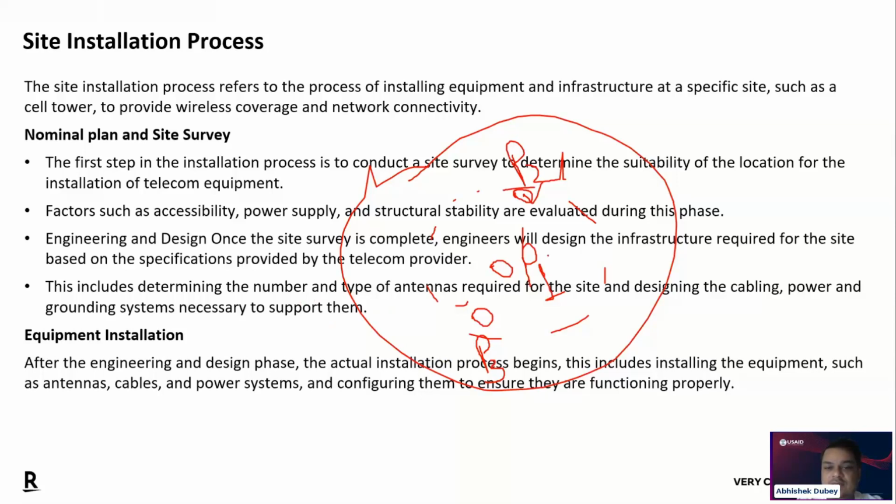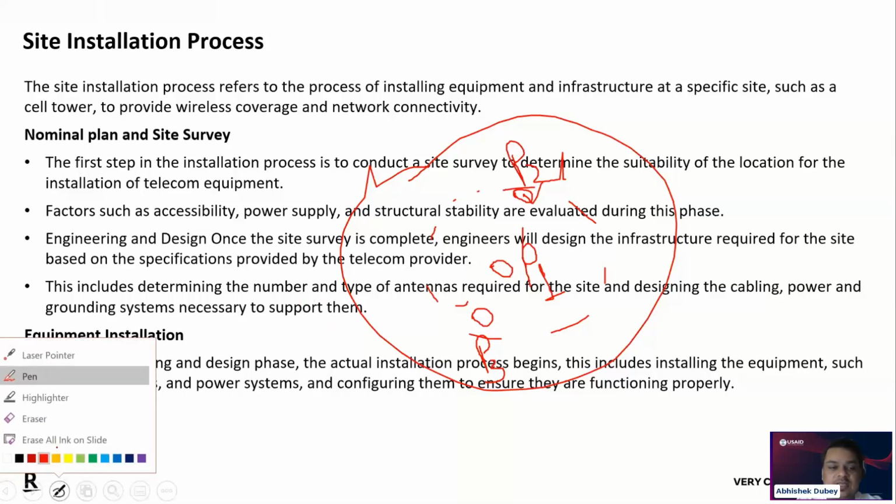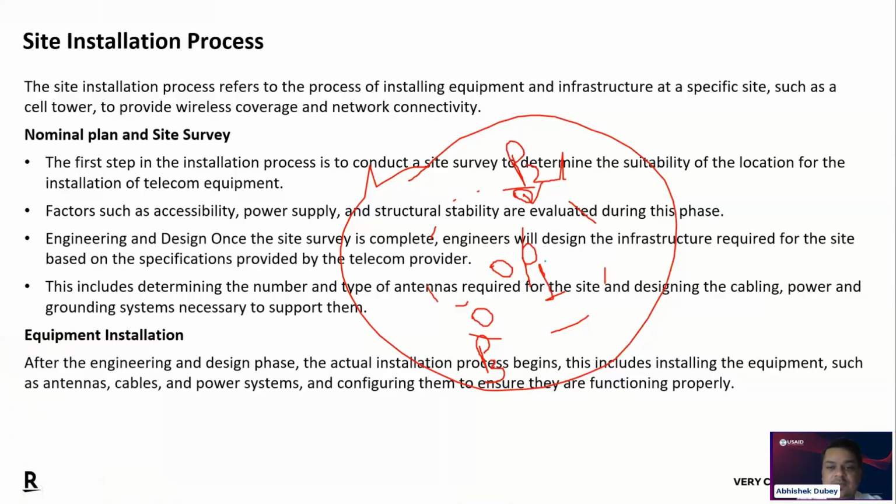And once it is finalized which site is going to be the final one, because let's say if P1 is not possible, the priority was this, but if we cannot get the agreement on the P1, then let's say we finalize the P2 based on the picture of clutter and the requirement of civil and power, and also the transport. If P2 is clear, then you will start the installation activity, sending the equipment to the site, and installation of all the equipment.